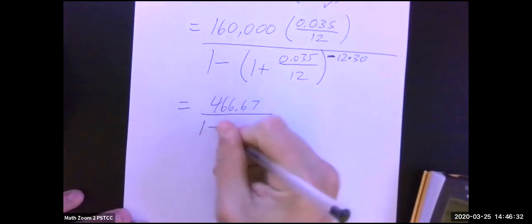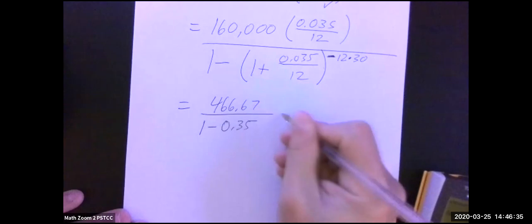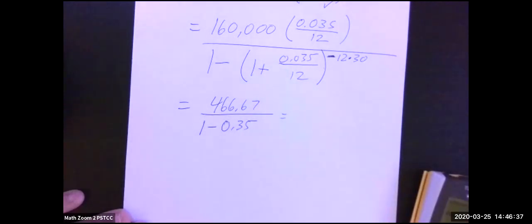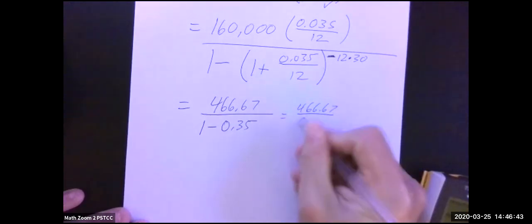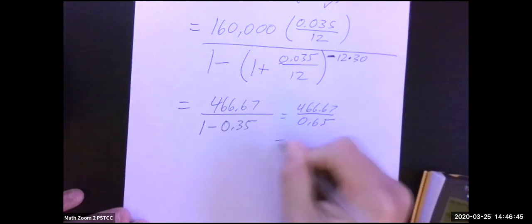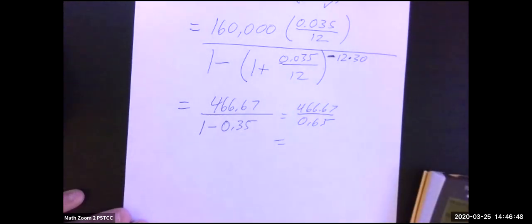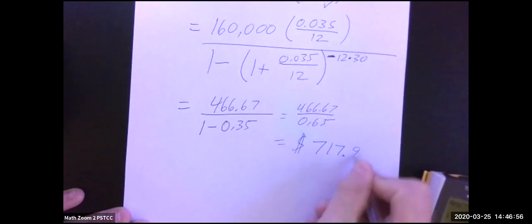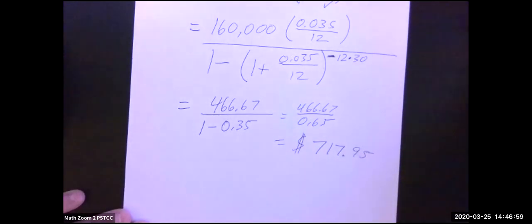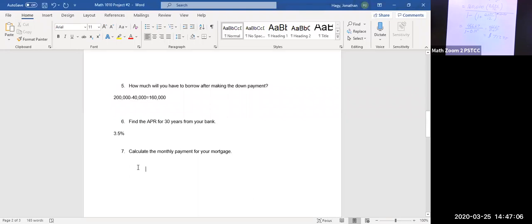In the denominator, one minus 0.65, which gives us a monthly mortgage payment of $717.95. Again, I want to see your calculations when you turn in this project.